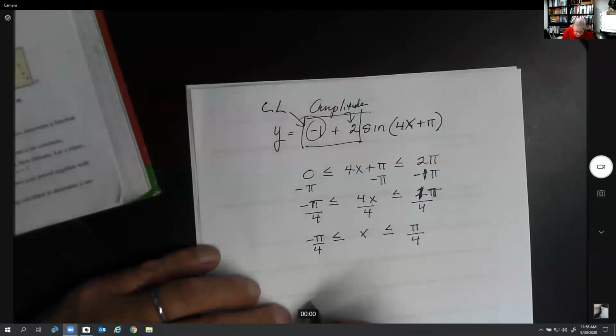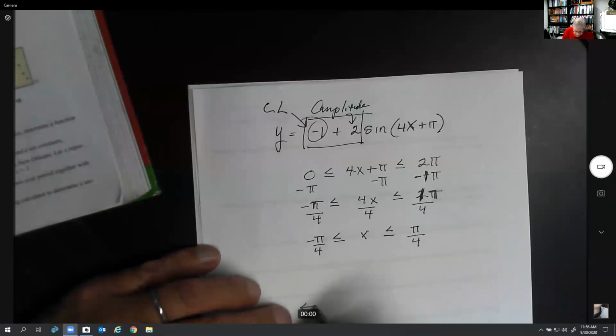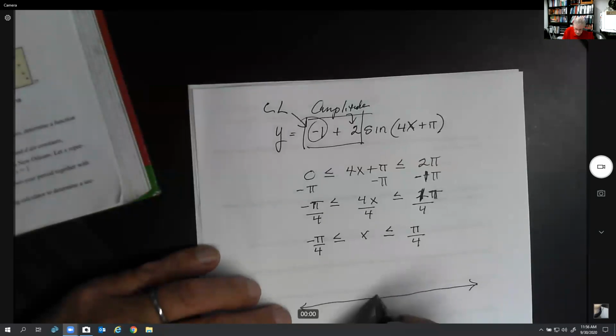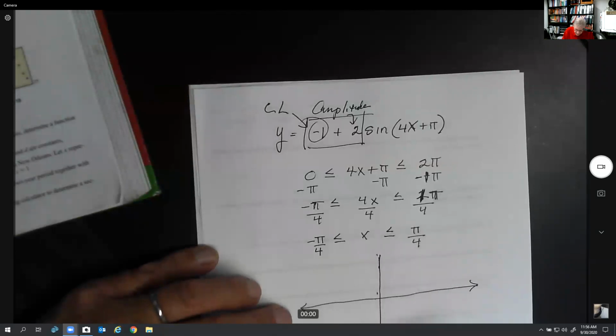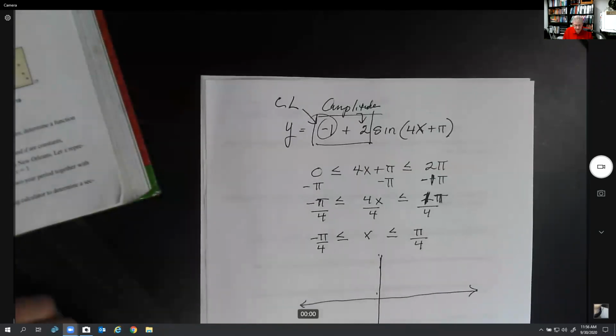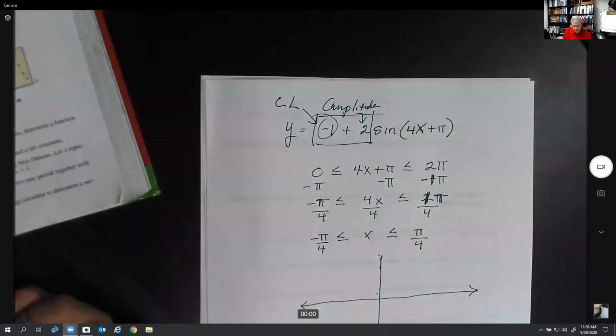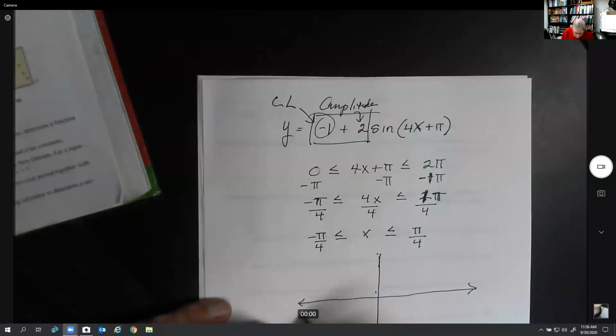Okay, first of all, let's set up our grid here. I'm going to draw this kind of coming down here. This is our axis, kind of like. Okay, let's look at this part. Our center line is going to be at -1. They usually use a dashed line to show that.